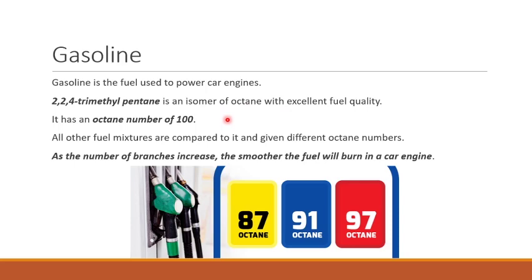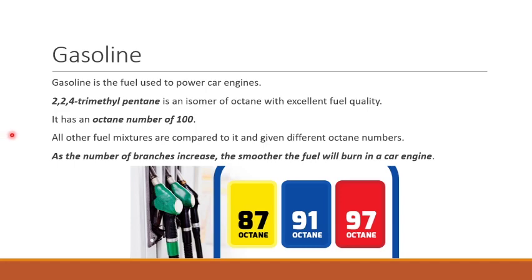We compare all other fuel types to this mixture, 2,2,4 trimethyl pentane, and we give them a relative number based on their quality. So 87 octane is a mixture of fuel that has 87% similarity to 2,2,4 trimethyl pentane. 97 octane is 97% similar to 2,2,4 trimethyl pentane.